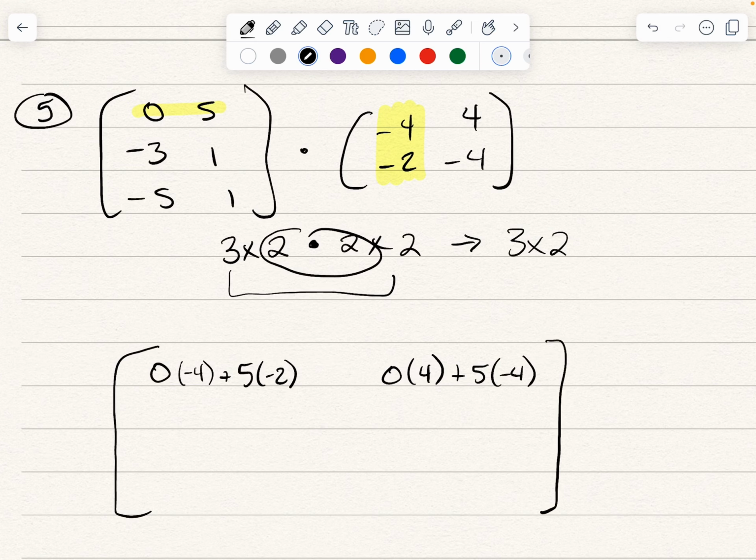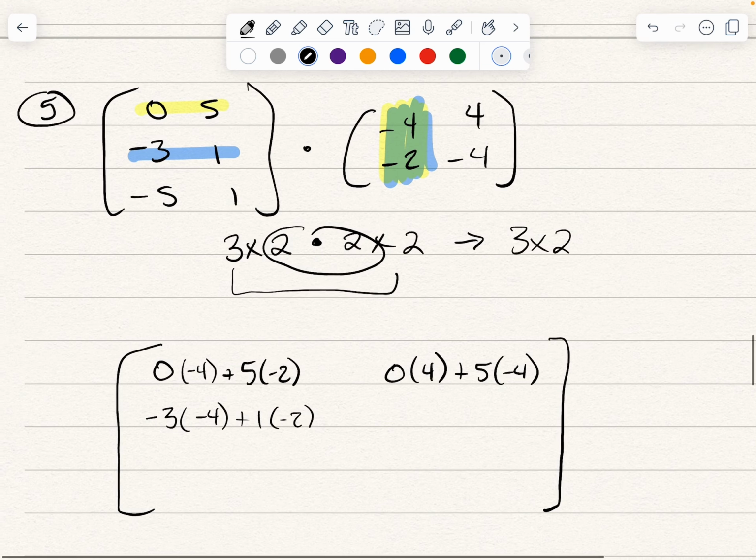Okay, now I'm going to work on row 2. So I'm going to do everything in row 2 by everything in column 1. So I've got negative 3 times negative 4 plus 1 times negative 2. Then I'm going to do everything in row 2 by everything in column 2. So I've got negative 3 times 4 plus 1 times negative 4.